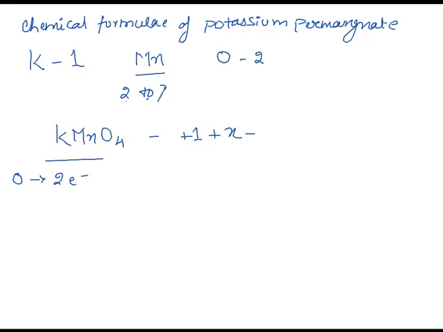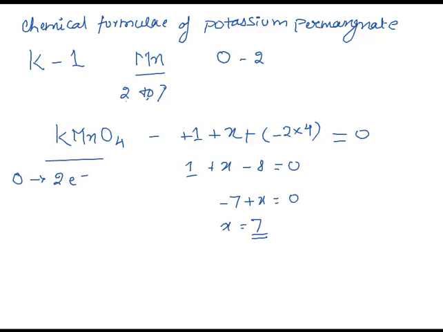So I take -2 multiplied by 4, and that is equal to 0, because it is a stable molecule. Now I have +1 plus X minus 8 is equal to 0. KMnO4 is a stable molecule. Now -7 plus X is equal to 0, so X will be 7. So what is the charge on manganese, students?